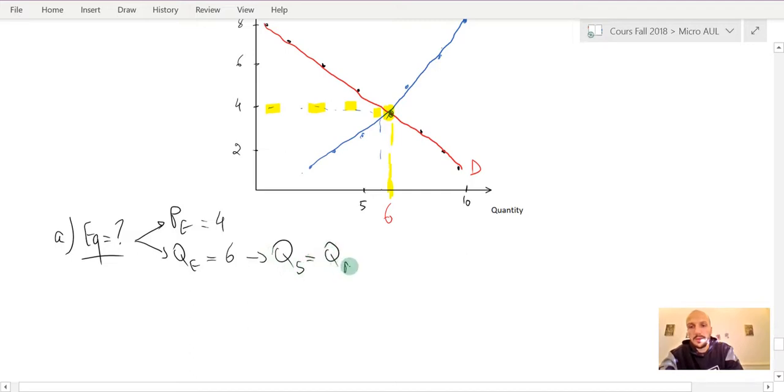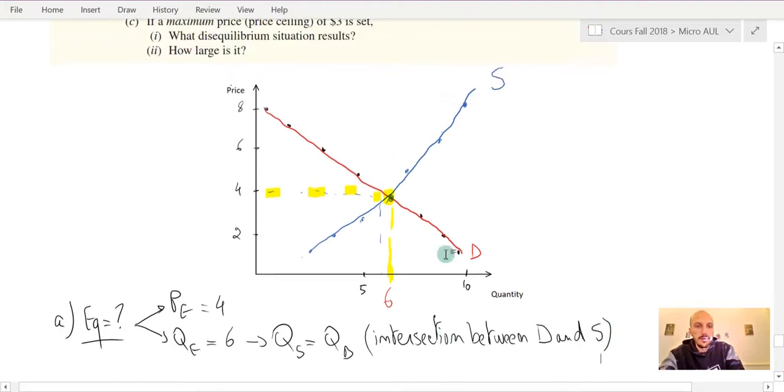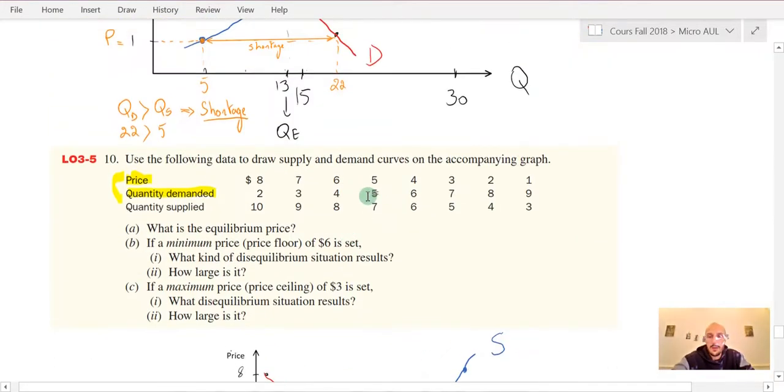where we have quantity supplied equal to quantity demanded, or we are at the intersection between demand and supply. Great. So this is the first point, and you can see it also here at this level.